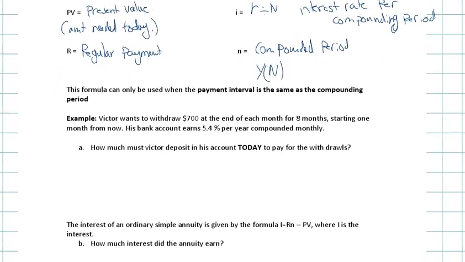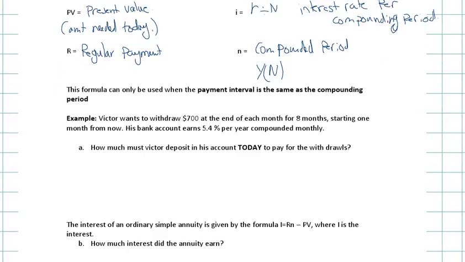Victor wants to withdraw $700 at the end of each month for 8 months, starting 1 month from now. His bank account earns 5.4% per year compounded monthly. How much must Victor deposit in his account today to pay for the withdrawals?